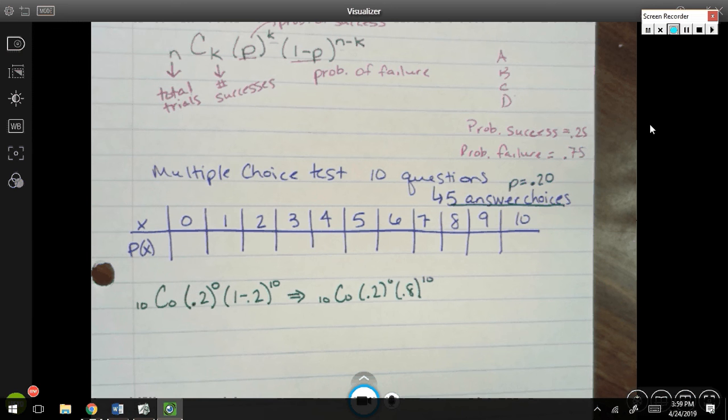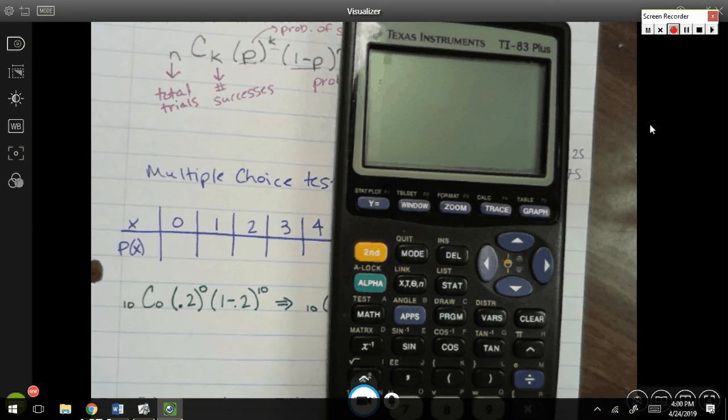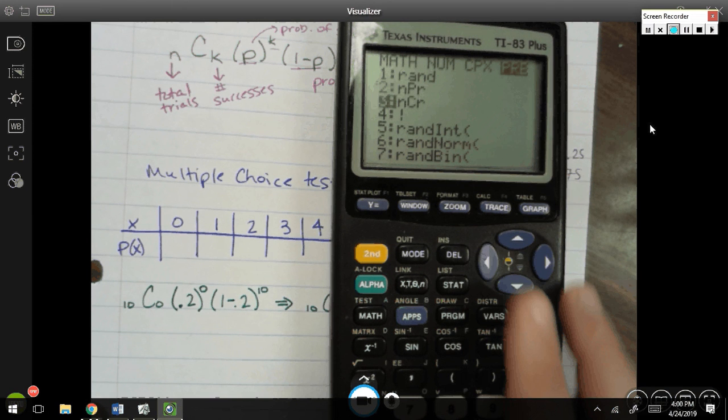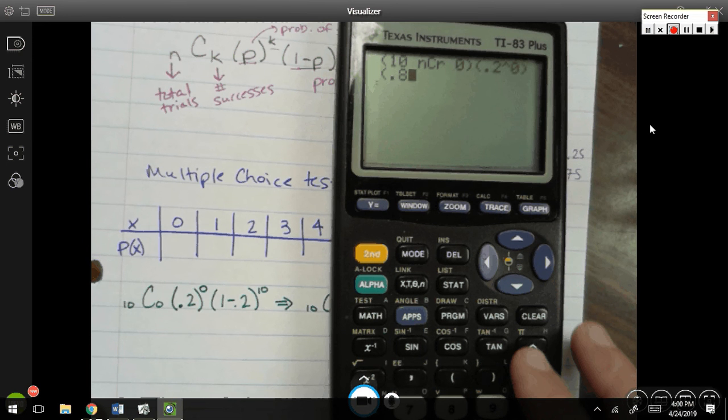If you randomly guess on the whole test here, we'll put this in parentheses: 10, math over to probability, 10 choose 0, multiplied by 0.2 to the 0, times, and remember we said that was 0.8 to the 10th.